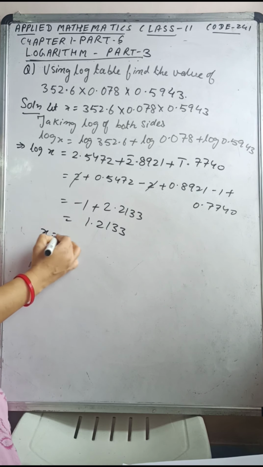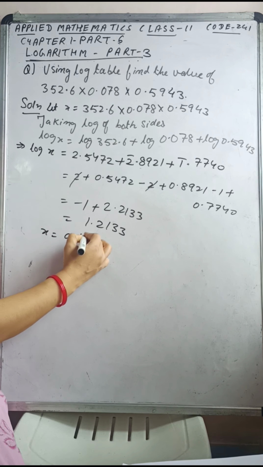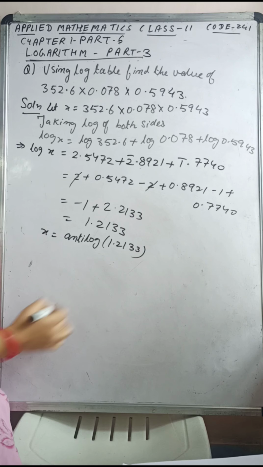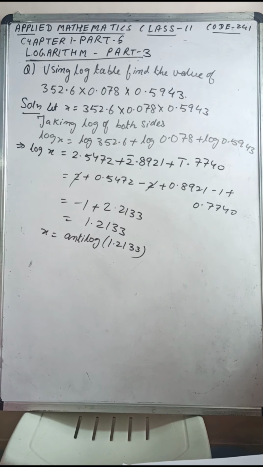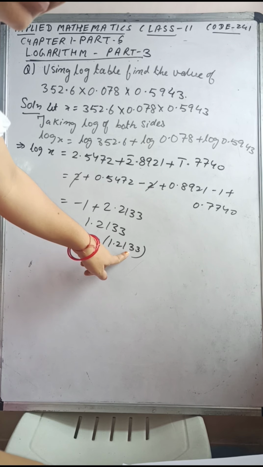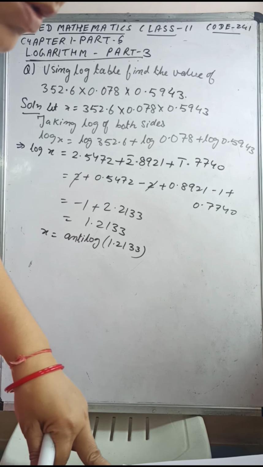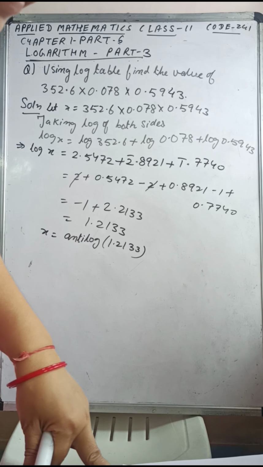So x will be equal to antilog of 1.2133. Now in the antilog table we will be seeing 0.21, okay, and under the column 3 is 1633, and the difference 3 is 1.